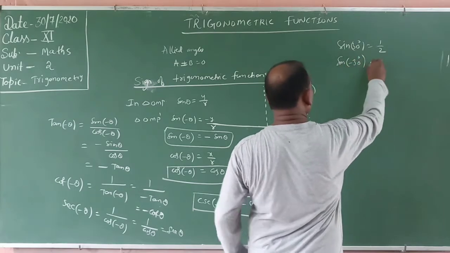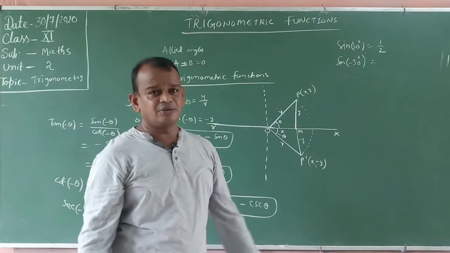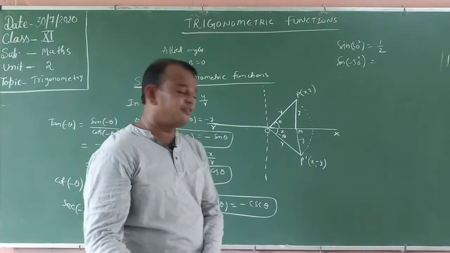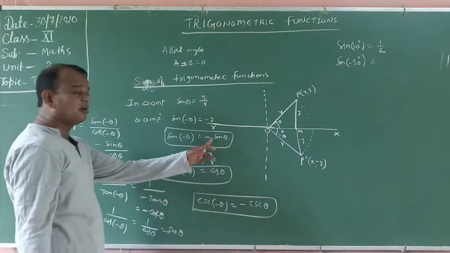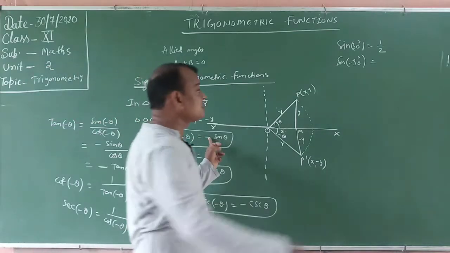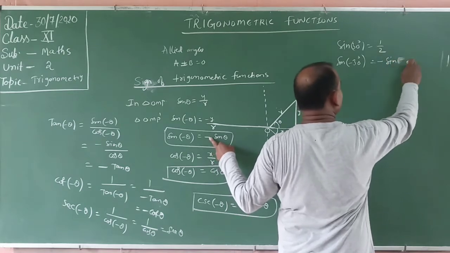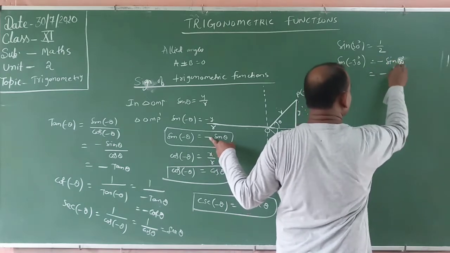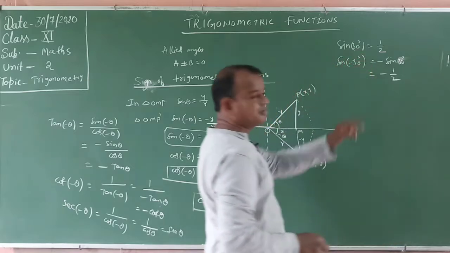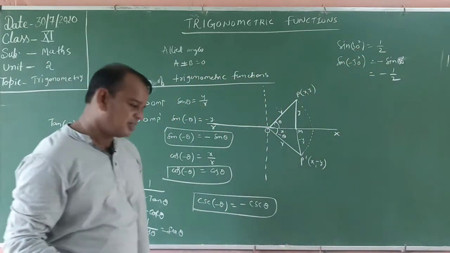First you remove the negative sign. What is the formula of sin of minus theta? Sin of minus theta equals minus sin theta. This minus appears in front of the trigonometric function. That is minus sin 30 degrees. That equals minus 1 by 2, since sin 30 is 1 by 2. Just observe that. Understood or not? Yes.